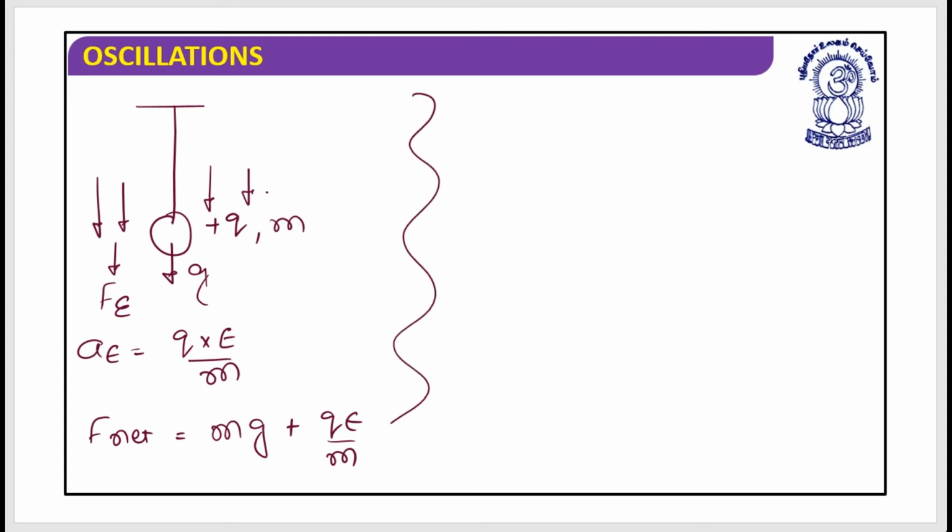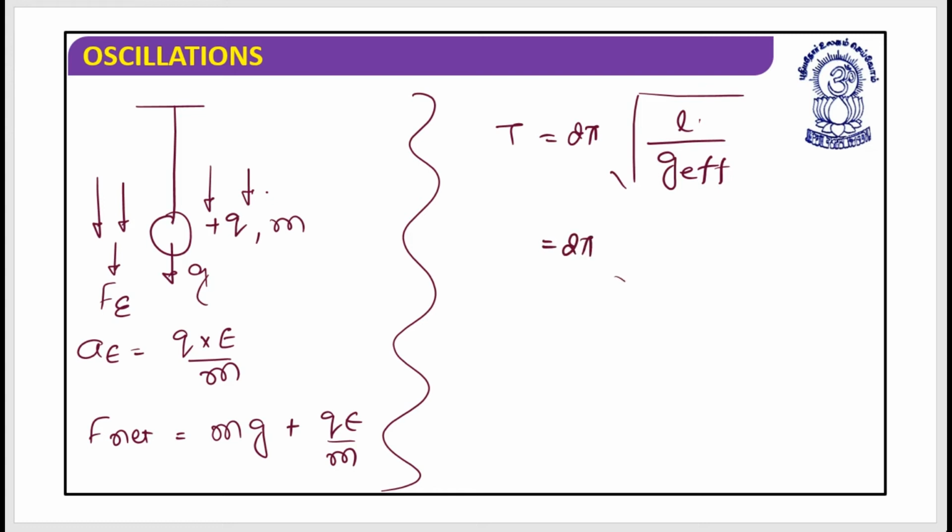And T is equal to 2 pi root of L divided by g effective. So this will be given as T equals 2 pi root of L divided by g plus qE by m. This is the time period T. I hope this is clear. Is it clear?